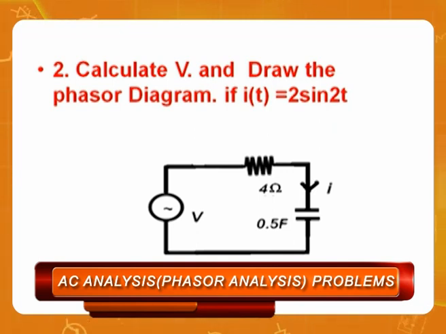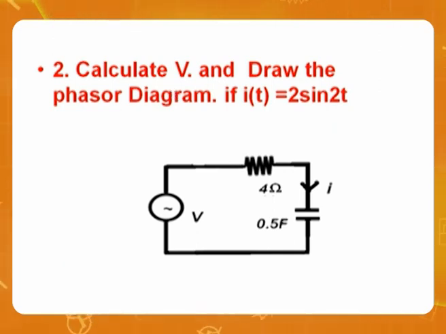Calculate V and draw the phasor diagram if I of t is 2 sin 2t. Please understand here. You can do this without phasor diagrams as well, but the phasor diagram is required because he is asking for it, otherwise it is not required. You can simply state the magnitude according to the real and imaginary values.